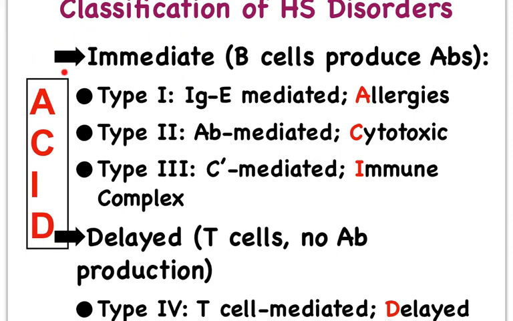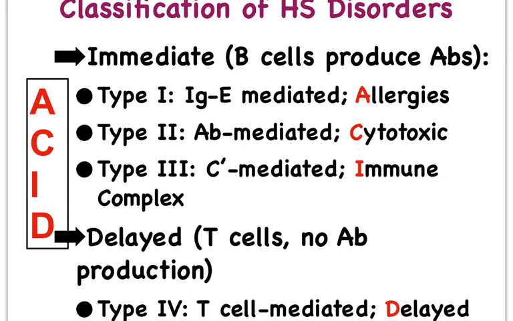So we have the first 3 that are immediate responses that occur almost instantaneously or just within a few hours, while the delayed ones take a while, sometimes days, before a response is generated. The delayed one, as you can tell, is your only type 4.